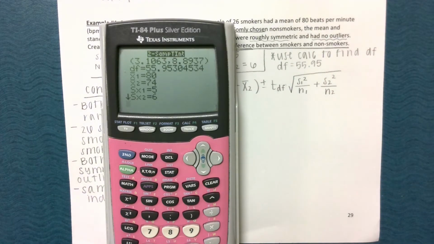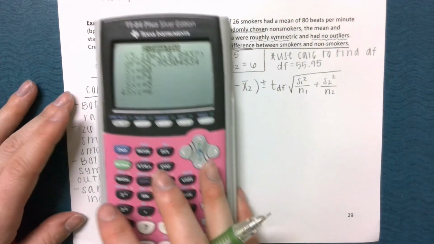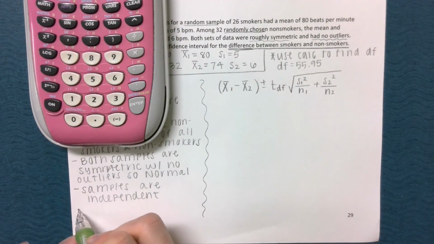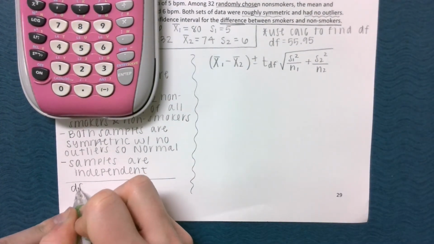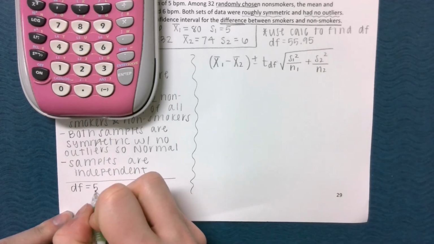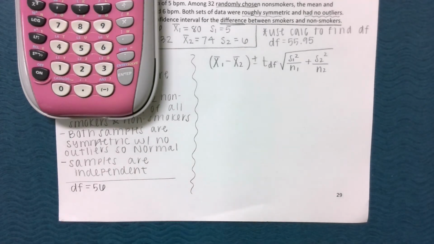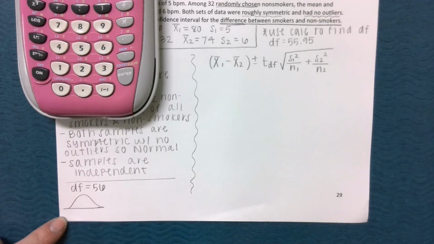Okay, from there I can use this degrees of freedom to find my t-score. I kind of ran out of room, so I'm going to jump down to the bottom of my page here and find that t-score. So my degrees of freedom right now is 55.95. I'm going to round that, so 56 is probably the closest. I can't have a degrees of freedom with a decimal because your degrees of freedom was always one less than your sample size. It's impossible to have a decimal there. So once I know my degrees of freedom, I can quickly draw my little picture here to find my t-score.